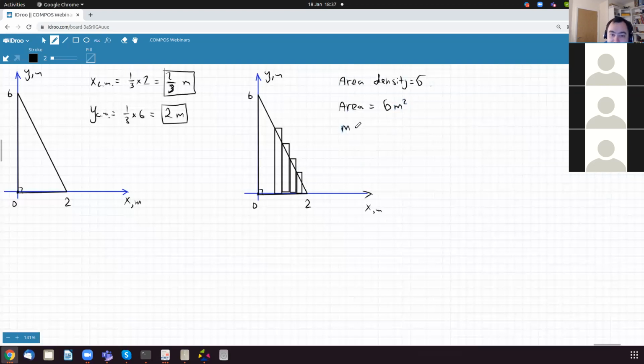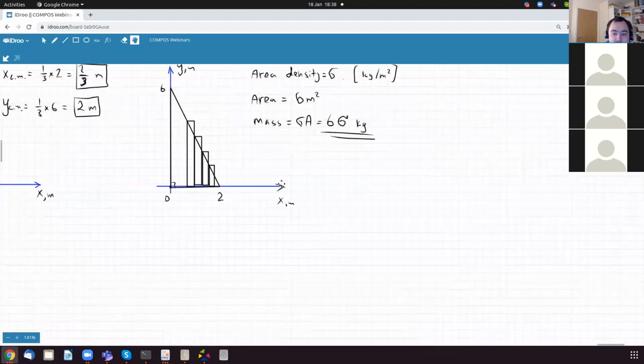So the mass is sigma times area, which is 6 sigma kilograms. Density, because this is measured in kilogram per square meter. So 6 sigma kilograms. This is the mass of the triangle.